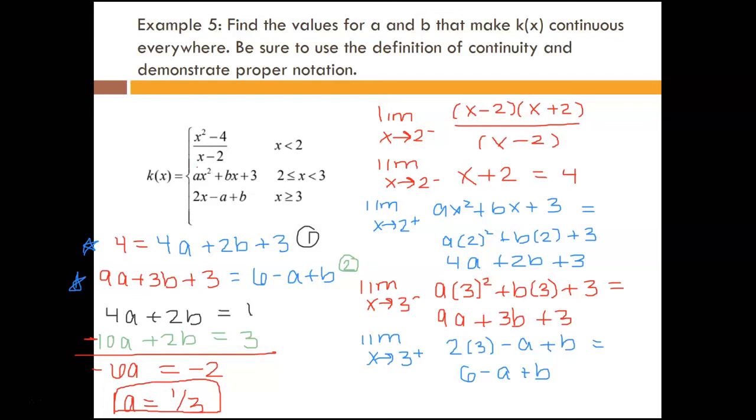To find b, we just plug it back into any one of our equations. Personally, the easiest one to plug it back into is probably the 6 minus a plus b. But again, it doesn't really matter. You can plug it in anywhere.